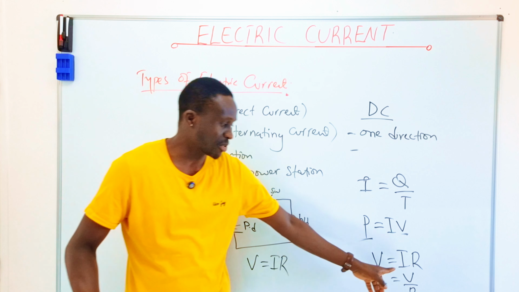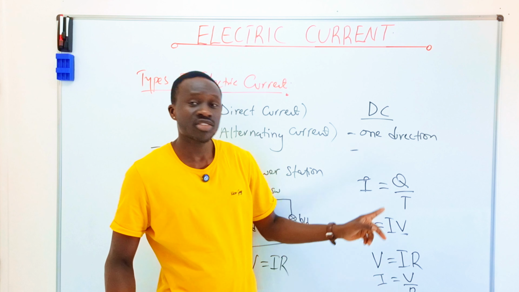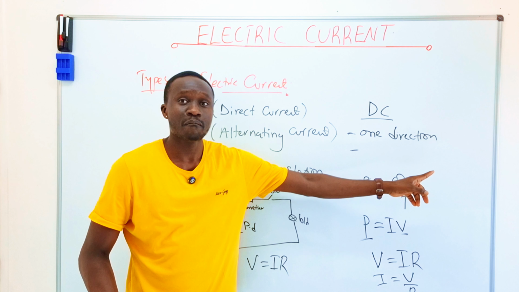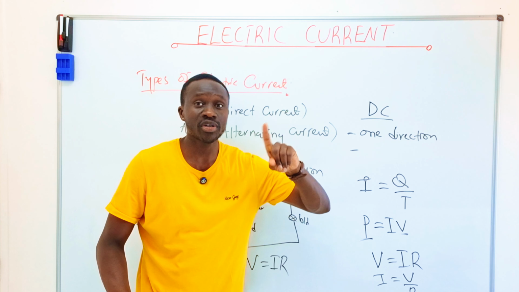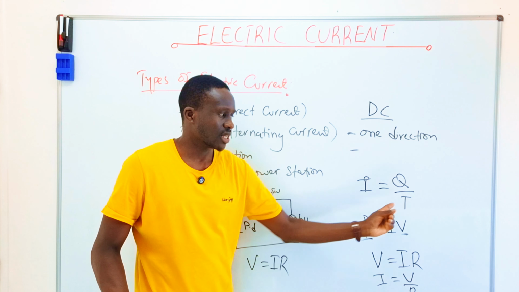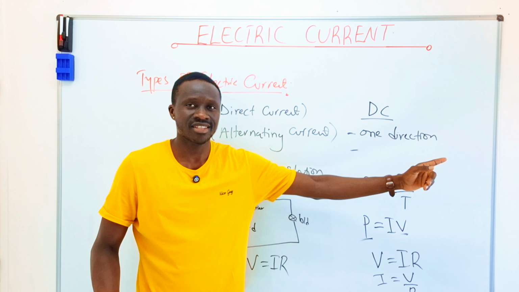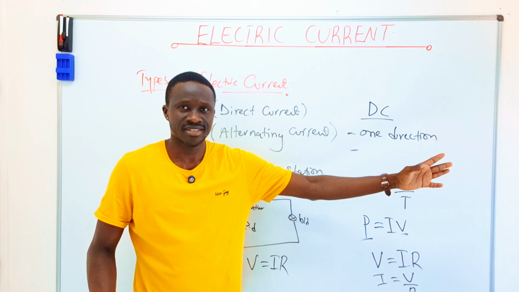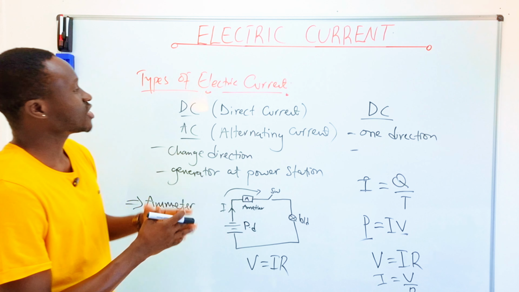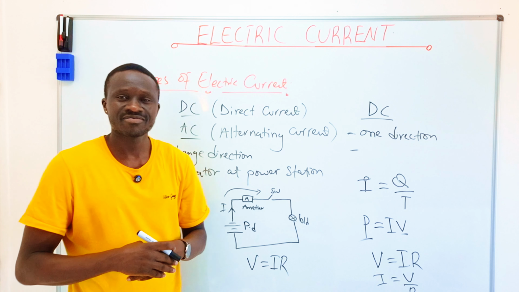That's why we come up with this formula. If the charge is moving, time always moves. Now, once a charge moves per second in a circuit, we calculate for current.